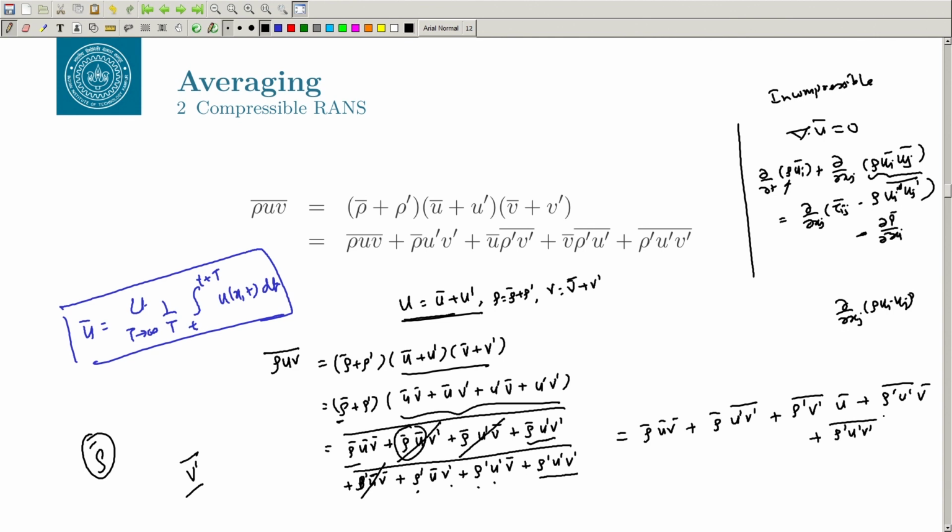So now we have a problem, right. If you recall earlier in the incompressible flow, most of the terms got cancelled out because rho was a constant, and your rho u v bar was nothing but rho u bar v bar plus rho u prime v prime bar. That was the only thing that we had.